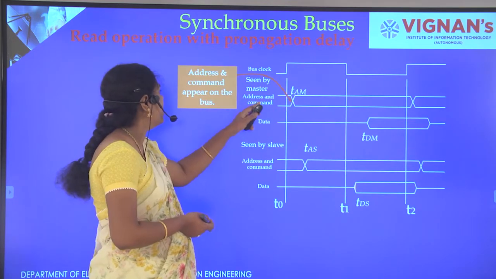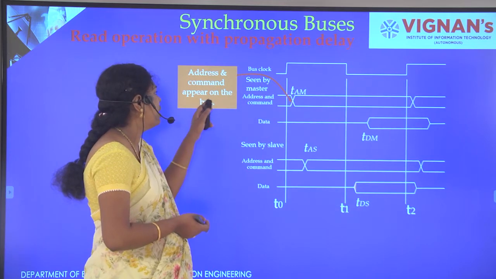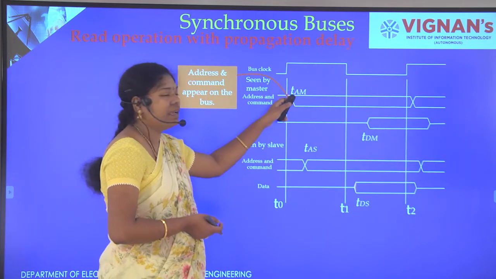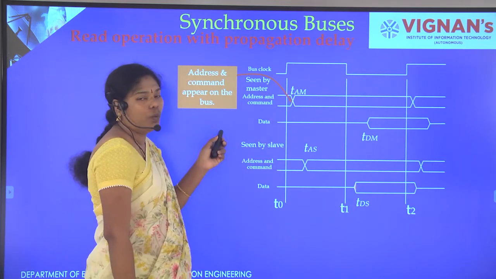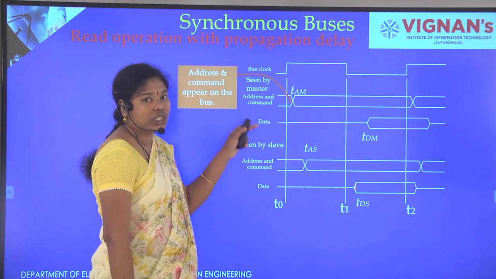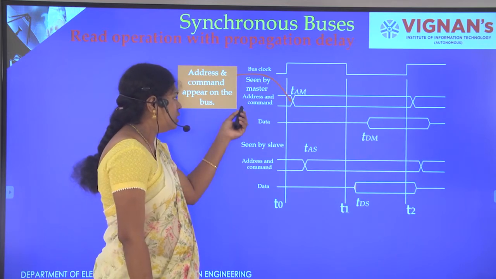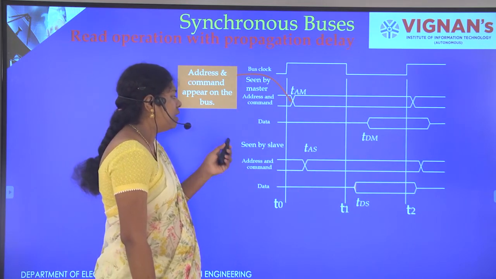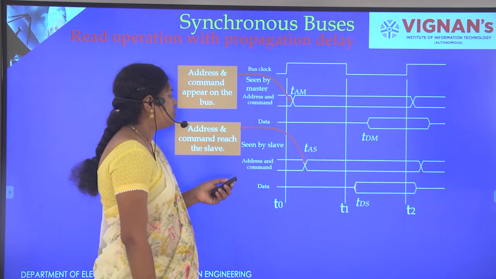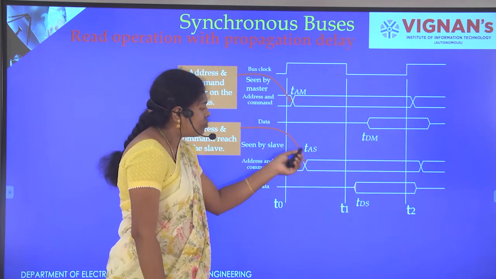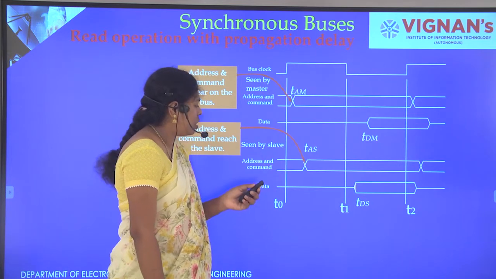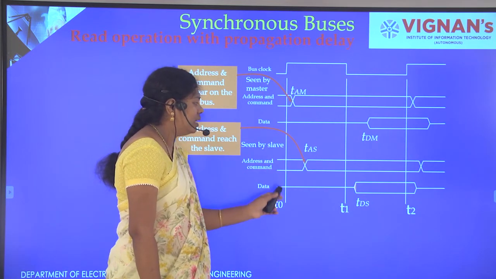TAM is nothing but the address and command appearing on the bus with some propagation delay. Now the slave has to receive that address and command, so they reach the slave with some more delay, not at the instant of T0.